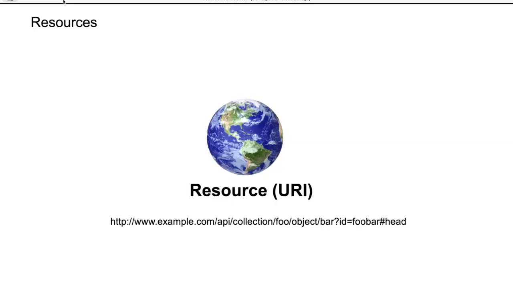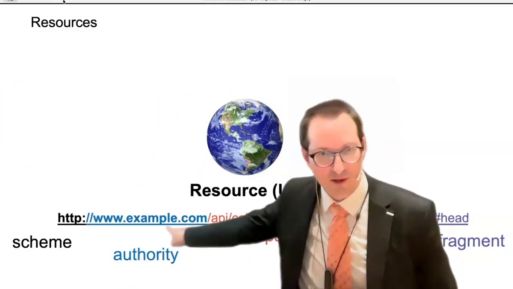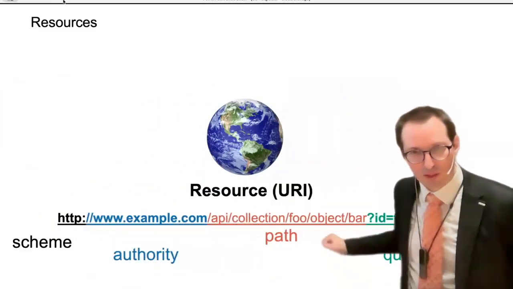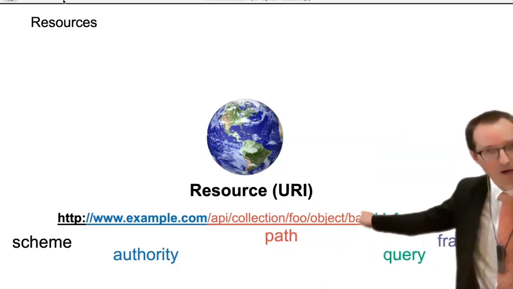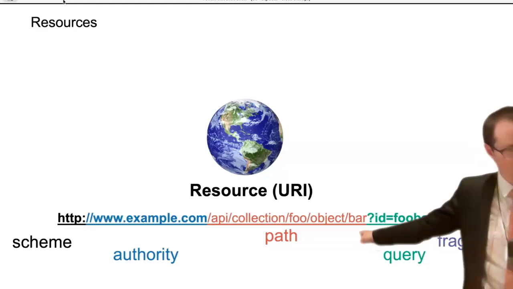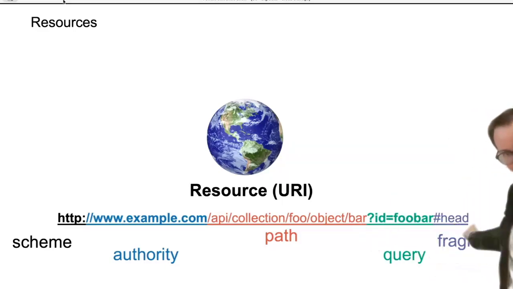Okay, URI, Universal Resource Identifier, looks like this, what you have in your browser, and it's made of a scheme, an authority, so that's a domain you own, a path with all the slashes. Then you have a query part after the question mark. Originally, it had to do with forms when you transmit that over the GET method.